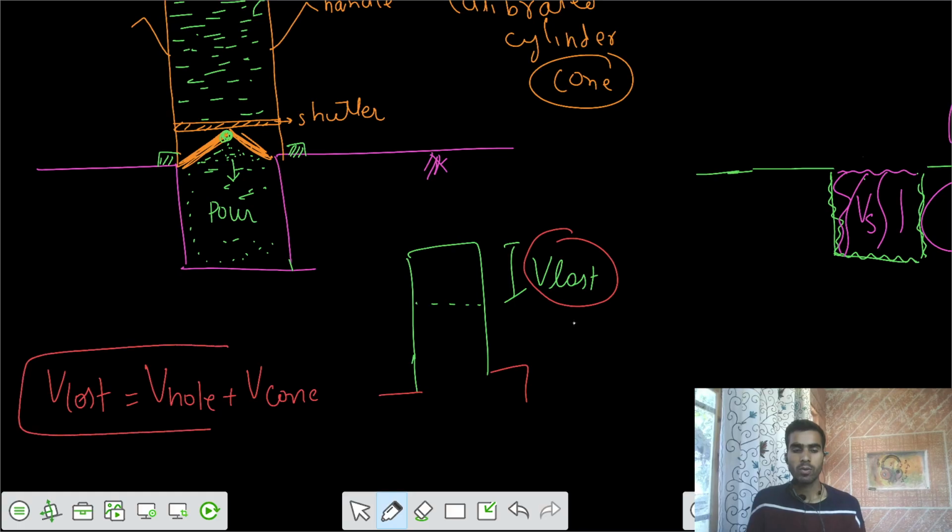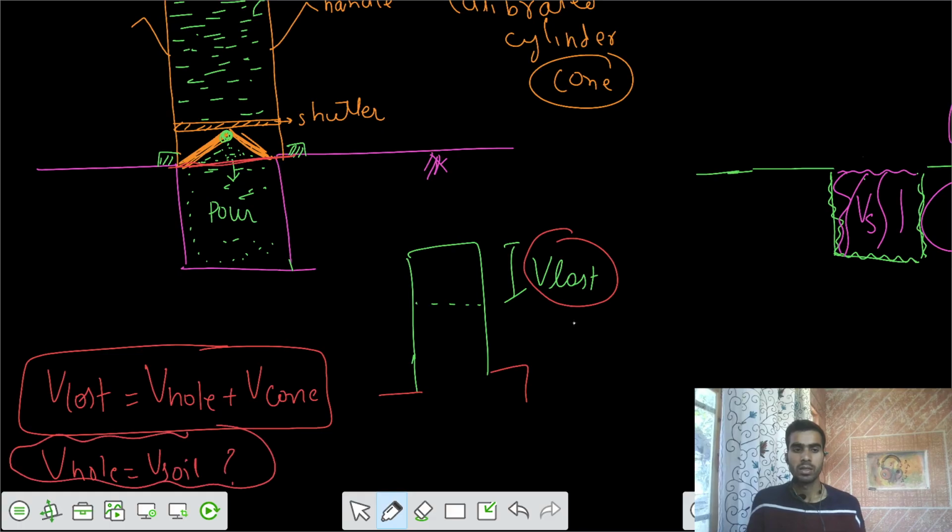We are filling that cone and hole, but the cone is not in our calculations. Our volume of hole is actually the volume of soil that we have excavated.